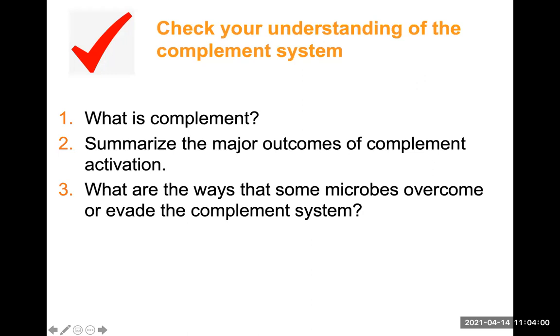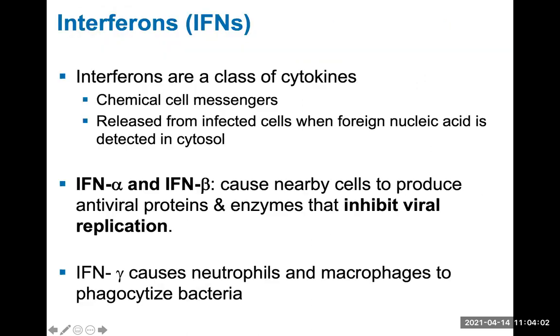Okay, so now we're going to look at interferons. I think we've briefly talked about interferons already, but let's review and expand. This is a very brief overview, but interferons alpha and beta are specifically helpful for viral infections, and that's what we'll look at an image of next.